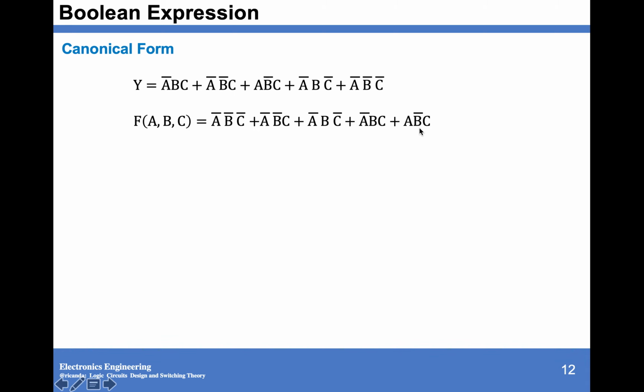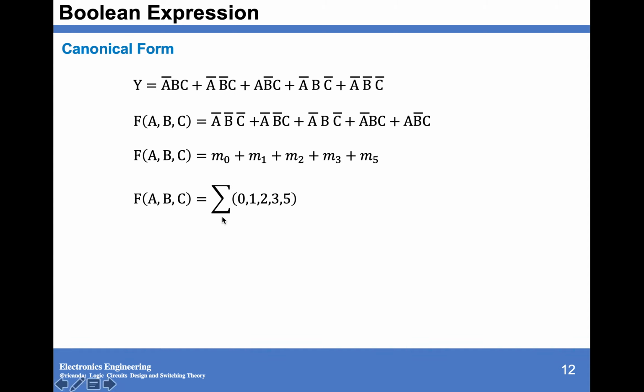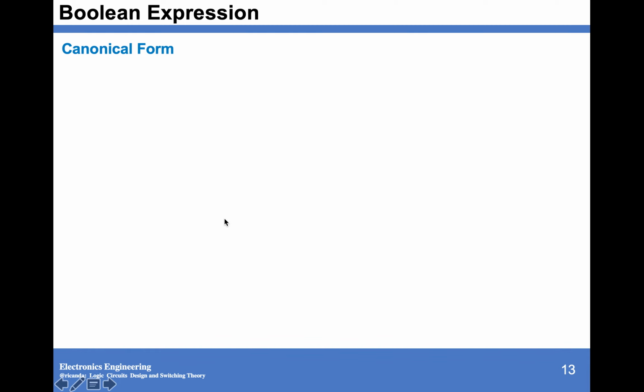So this is 1, 0, 1. It is equivalent to 5 as a function of your variable EBC because there are 3 variables in your y expression. Or it is equivalent to this alternative representation of your expression and a symbolic expression of your sum of products, so using the sigma sign.